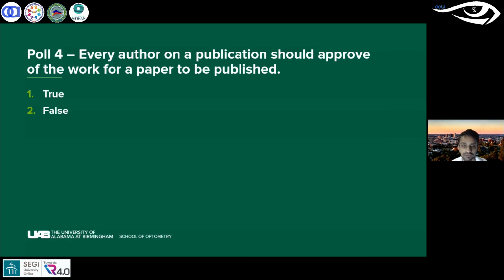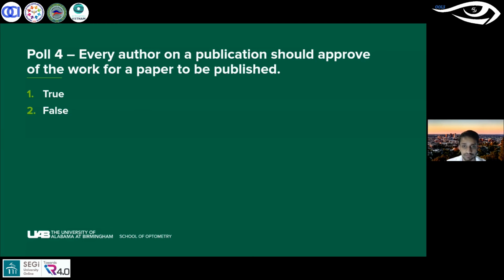However, there are some fields out there where the dean or the principal of the school is put on the publication just because they are the dean, and that's how that field works. In that case, they are not expected to know that detail. But in optometry, every author put on a publication should know the work in detail, as to what has been done and how it's been done, and should approve of it.